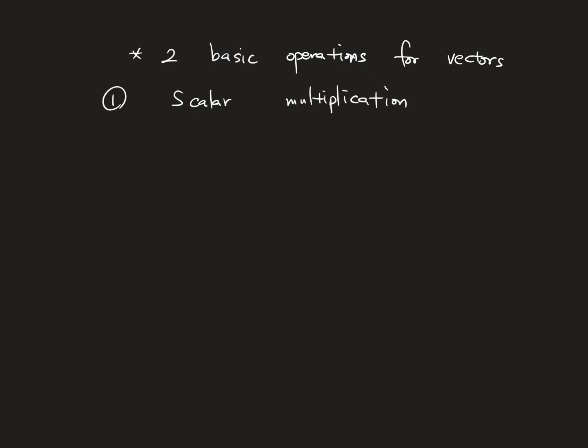For example, if we multiply 3 to vector V, and V is the column vector (2, 1), then we have (6, 3). So direction doesn't change, we just scale the vector. Okay, and vector addition. This is addition.